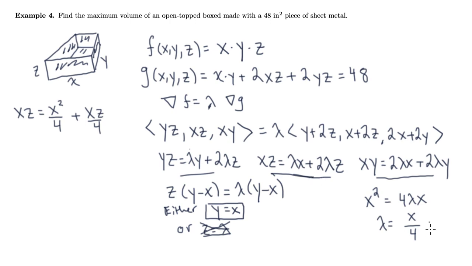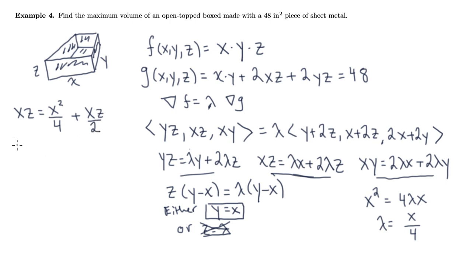Okay, look right, x over 4 there. Oh, sorry, xz over 2. There we go, because it is 2 times xz over 4, so xz over 2.